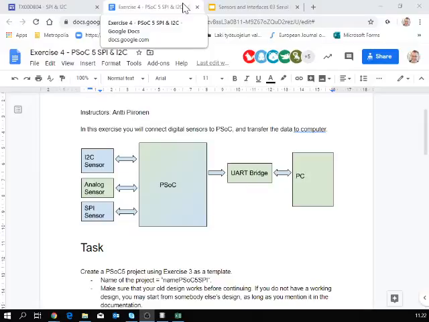So basically, if you have this voltage reference and this A to D converter, you get 1 millivolt for each bit.